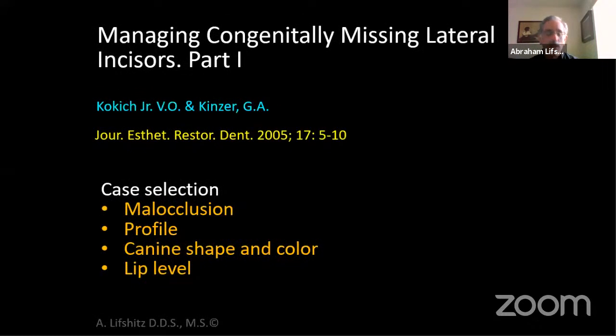So what do we need to do and what do we need to evaluate in order to select a case or make sure that that case is suitable for a canine substitution? We have to take a look at the malocclusion, at the profile, at the shape and color of the canines, and the lip level.